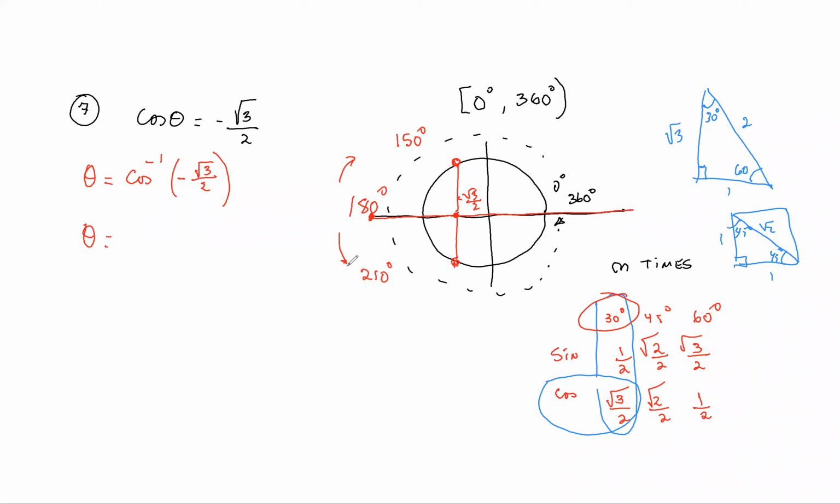You get 210. Now, in this moment, we got two answers. The first answer will be 150 degrees, plus n times, because remember that the interval is open, so how many revolutions? We don't know. 360 degrees.